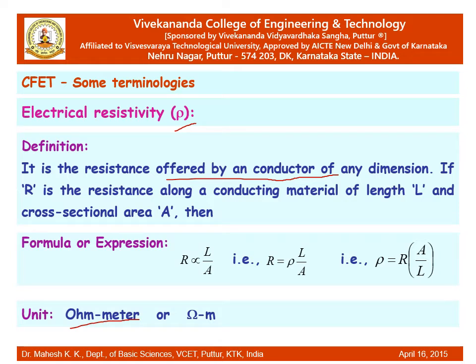If R is the resistance along the conductor, L is the length of the conductor and A is the cross-sectional area, then resistance is directly proportional to L and inversely proportional to A. If you introduce a constant, that is rho, then rho is the electrical resistivity. So rho is defined as R into A by L, and the unit is ohm meter.